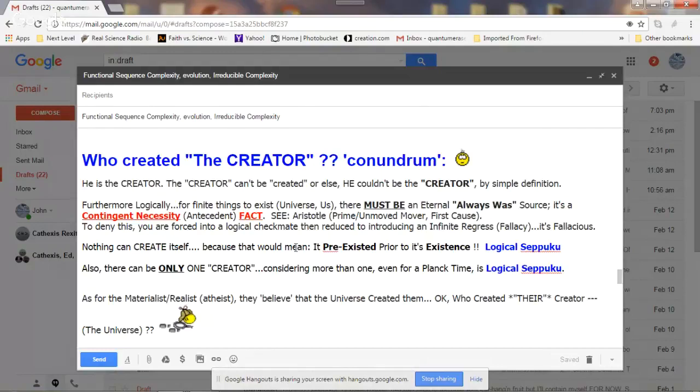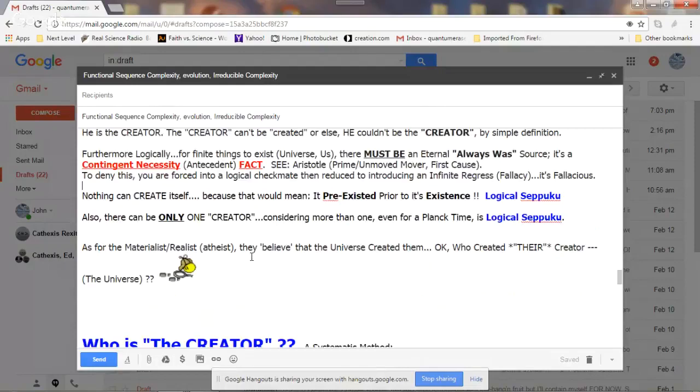To deny this, you are forced into a logical checkmate, then reduced to introducing a what? Infinite regress fallacy. It's fallacious. Nothing can create itself because that would mean it pre-existed prior to its existence. That's logical seppuku. Also, there can only be one creator. Considering more than one, even for a Planck time, is again logical seppuku.